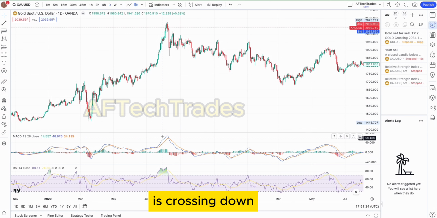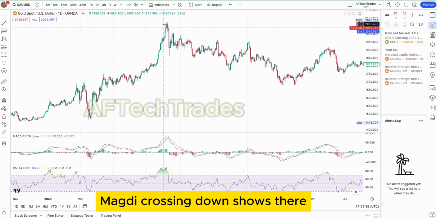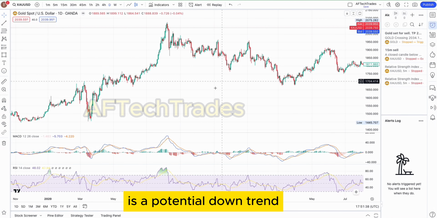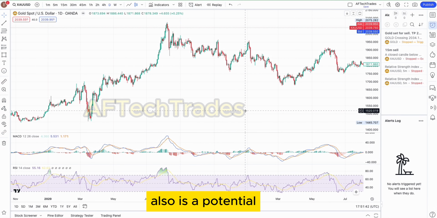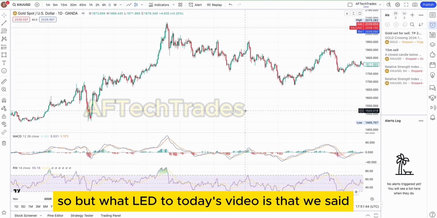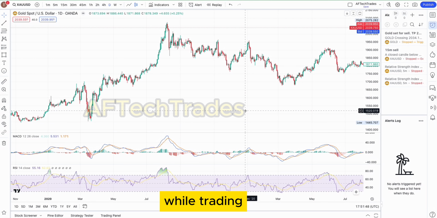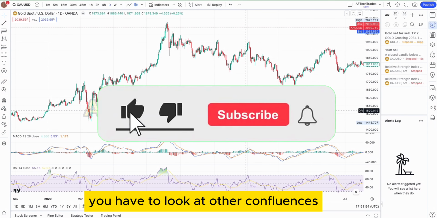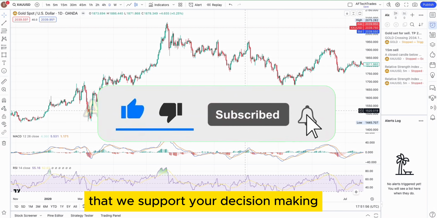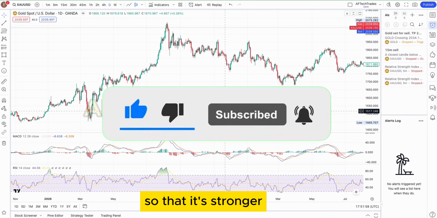MACD crossing down shows a potential downtrend, and MACD crossing up is a potential movement up. But what led to today's video is that while this strategy works, you cannot depend on it alone. You have to look at other confluences that will support your decision making so that it's stronger.